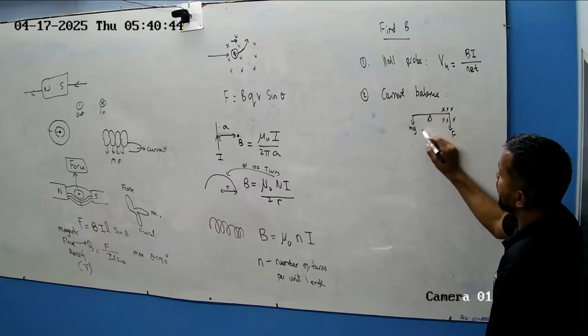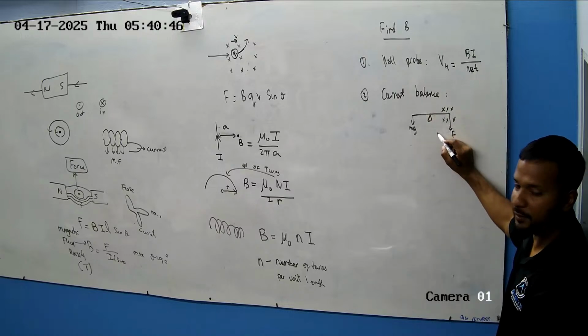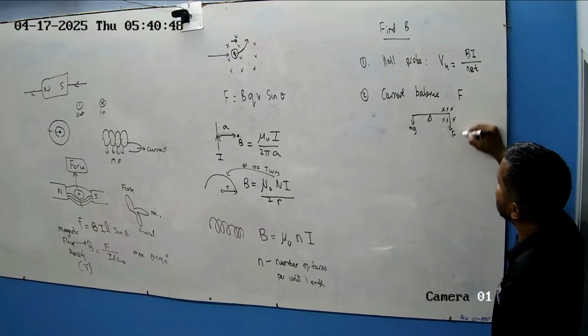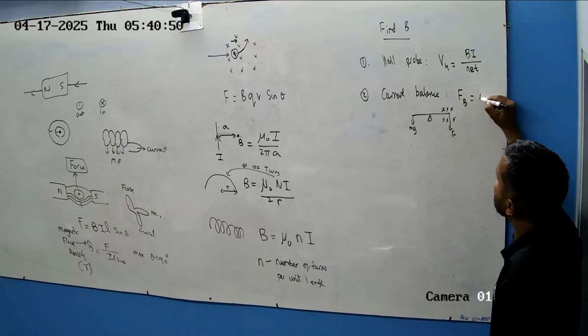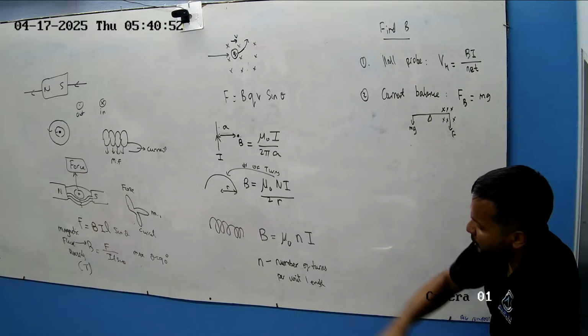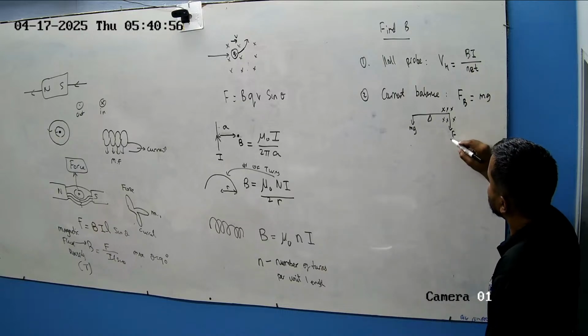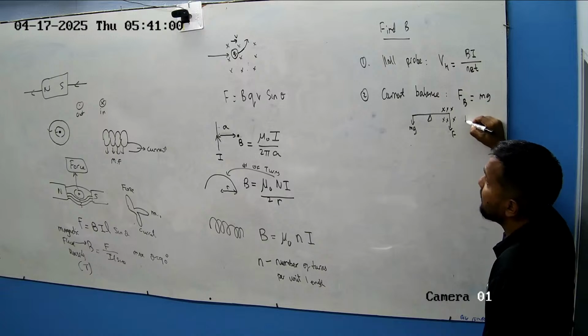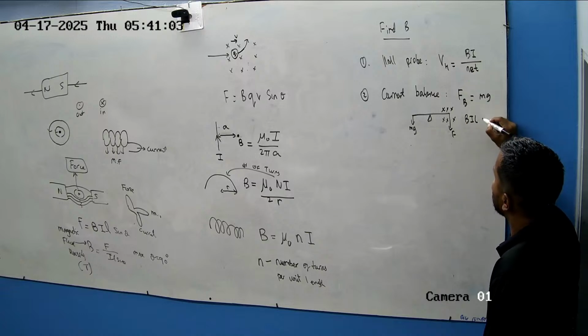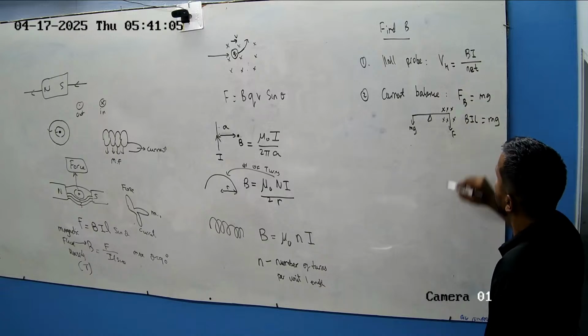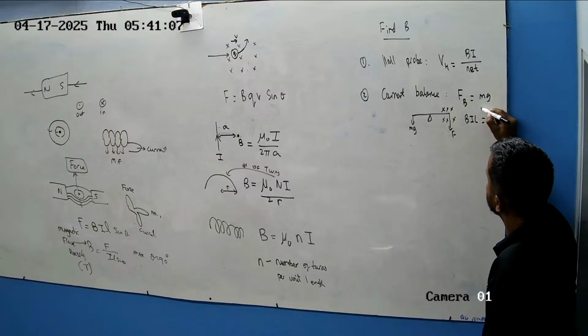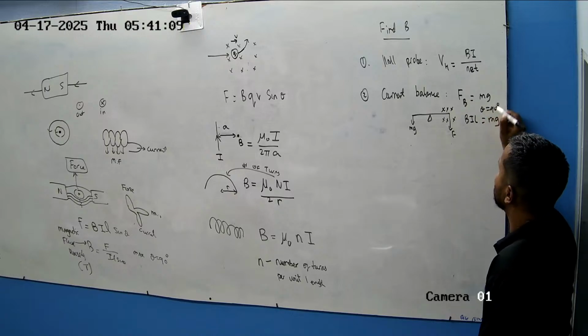So the way the current balance works is that the magnetic force is equal to mg. And I showed you how to find the magnetic force, right? That would be BIL equal to mg, provided that theta is 90 degrees.